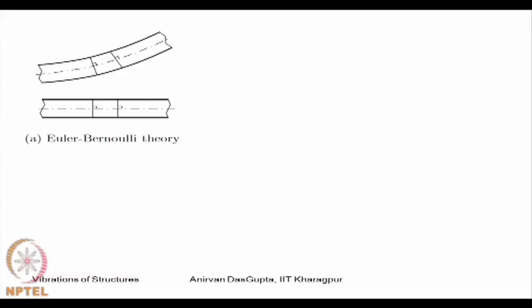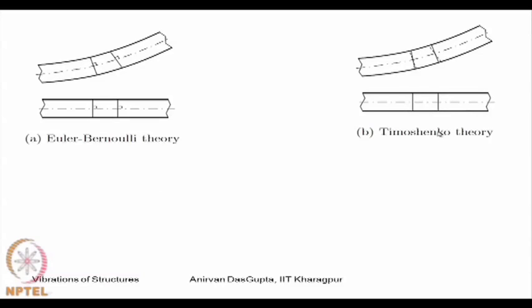So, in this figure I have shown the Euler-Bernoulli theory. What it says is that plane sections will remain plane as well as perpendicular to the neutral plane, the neutral axis. So, this was perpendicular here and it still remains perpendicular. In the Timoshenko theory, this plane section still remains plane, but now it need not be perpendicular to the neutral axis.